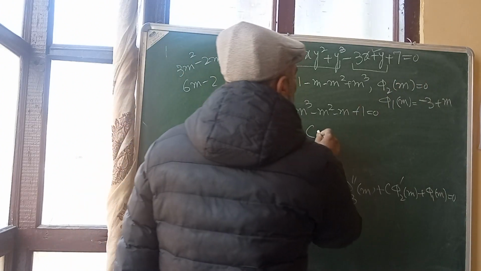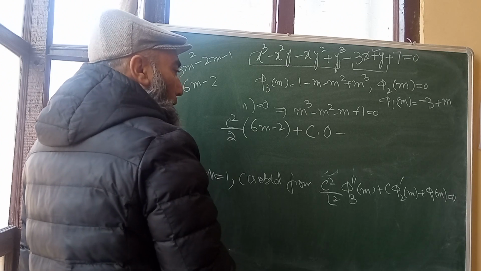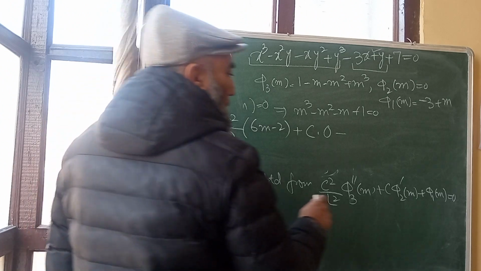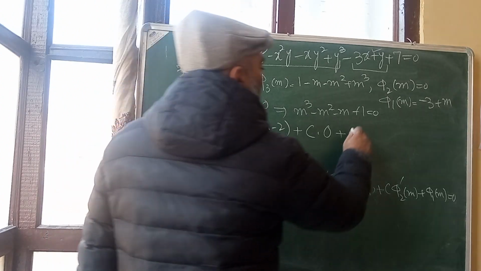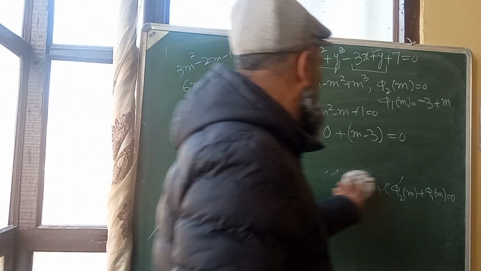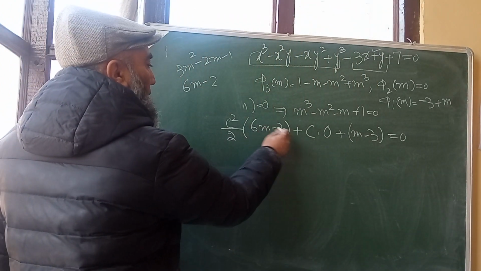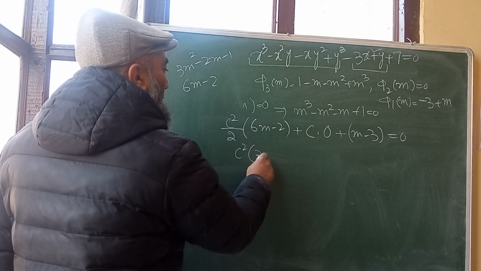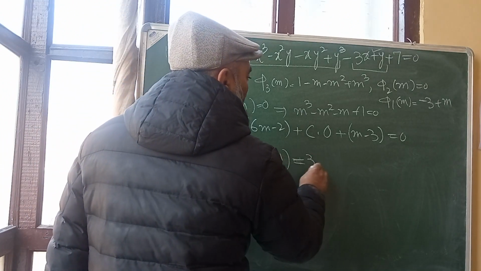There is no phi 2, so its derivative is 0 also, plus phi 1m. What is phi 1m? m minus 3, equals 0. So we can find out c. You can take 2 outside. It is c square times 3m minus 1, equal to 3 minus m.